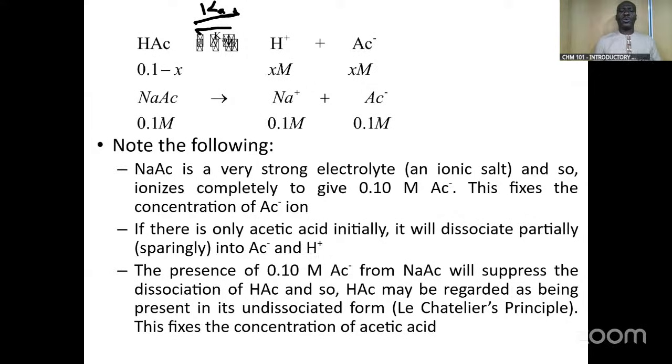All right, so suppose there is no sodium acetate in solution, suppose only acetic acid, apparently the amount of acetate ion that will have been in solution will be very small compared to the initial amount of acetic acid. Okay, now we are introducing acetate ion from sodium acetate again.